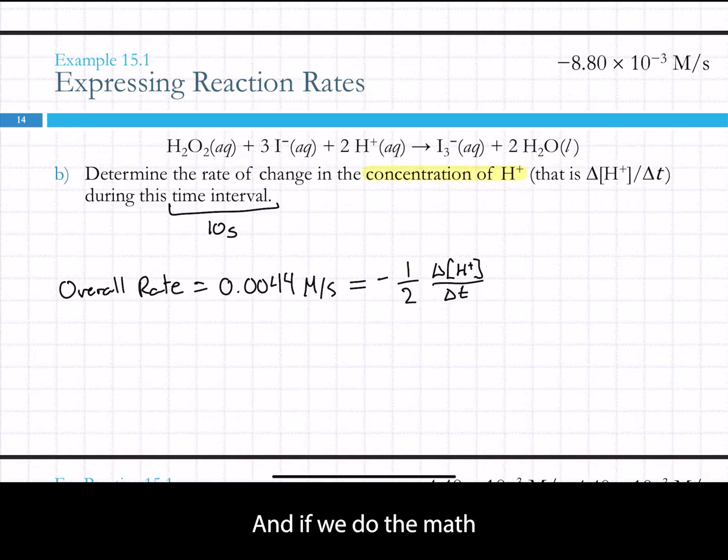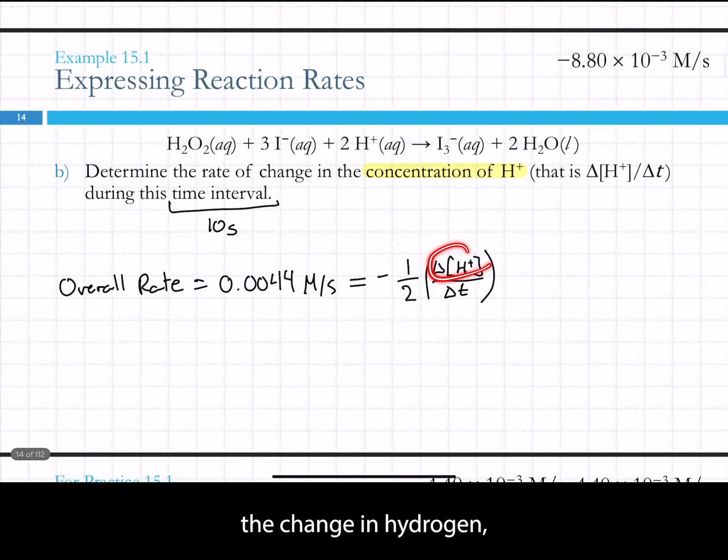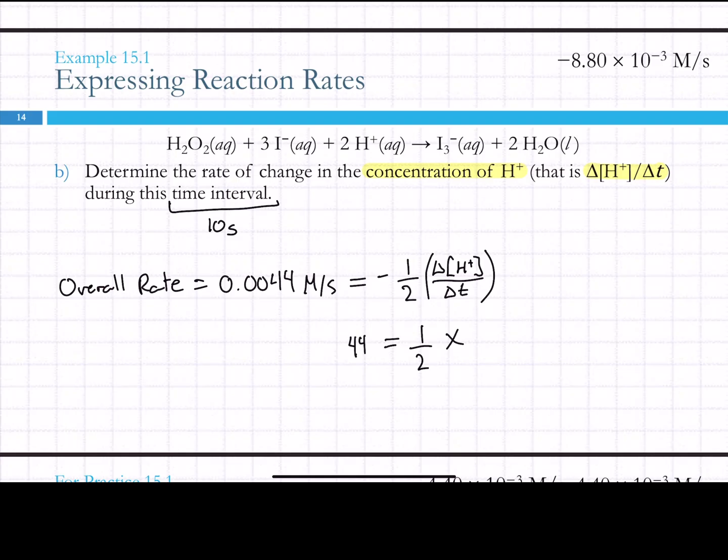And if we do the math, it's a situation where it really helps to understand what all of these variables are. And we actually get a little bit of a hint in the problem because I'm not solving for the change in hydrogen. I'm not solving for the change in time. I'm solving for the whole thing. So in a sense, we can think of this whole part as being X. And so let's just solve for X. Oh, sorry, there's a negative.